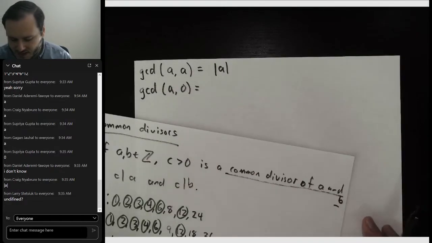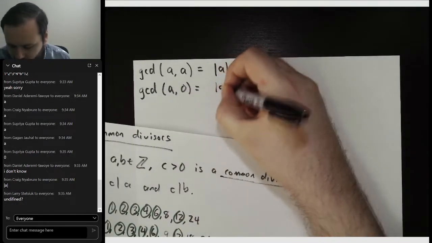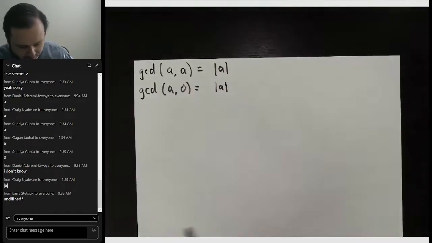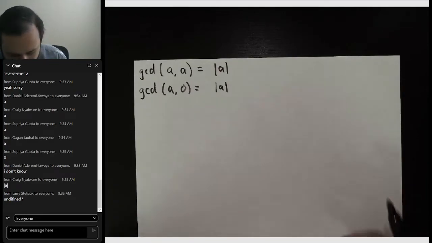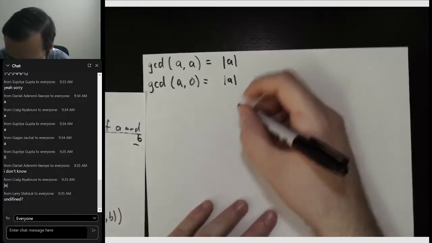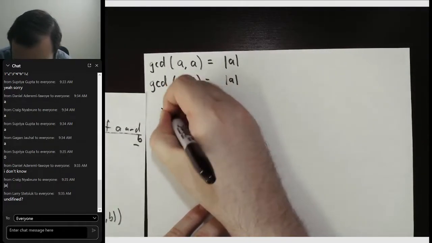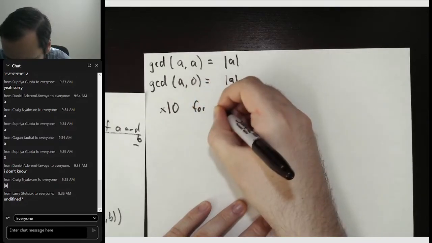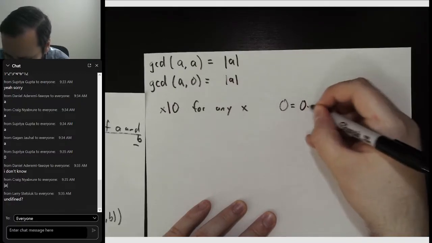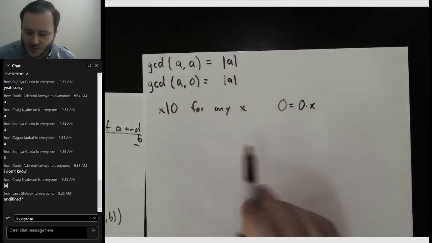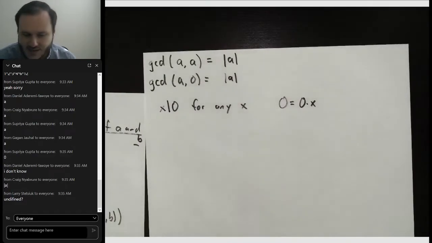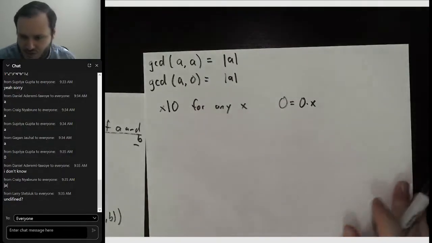The greatest common divisor of A and 0 is the absolute value of A again. Because here's the question, what is a divisor of 0? Any number is a divisor of 0, right? Because x divides 0 for any x. 0 is equal to 0 times x. So the greatest common divisor of A and 0 is just the biggest thing that divides A. 0 is not a problem.